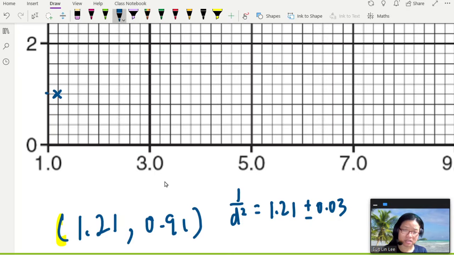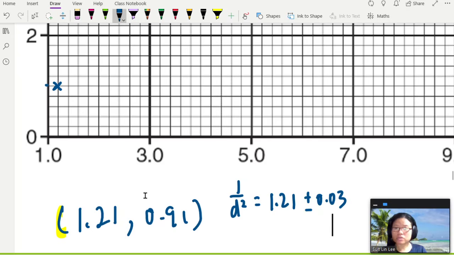How many boxes is 0.03, guys? Somehow you want to take 0.025. Cannot fit. So 0.03. One box is 0.2, left and right. So can you even fit 0.03?